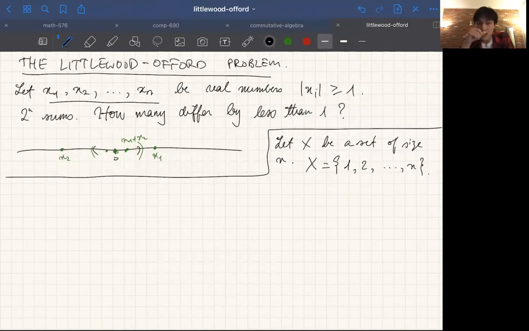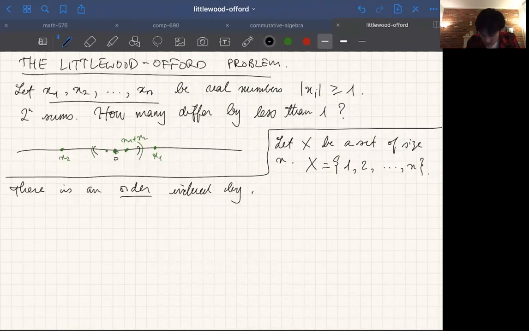right? There is a natural order between the subsets of X: there is an order induced on subsets by inclusion, and this is a partial order.